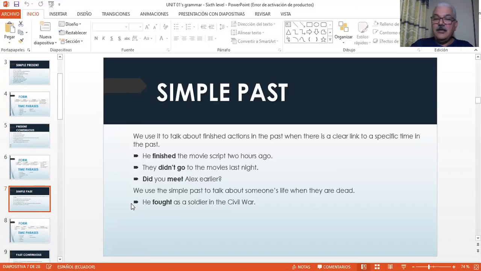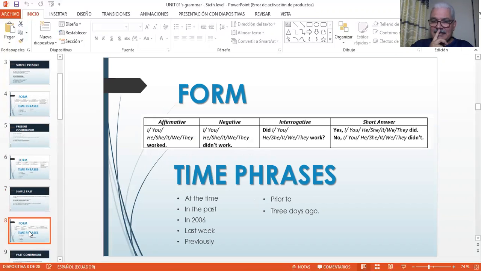But he is dead. Well, the form is quite simple. We only use a given form for all persons. I, you, he, she, it, we, they, worked.